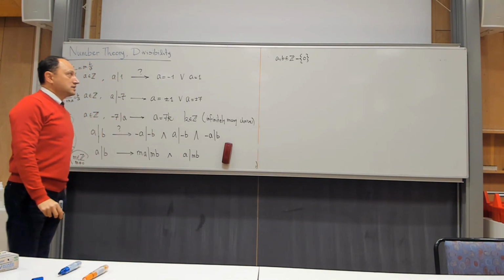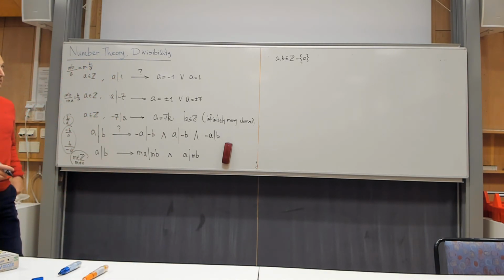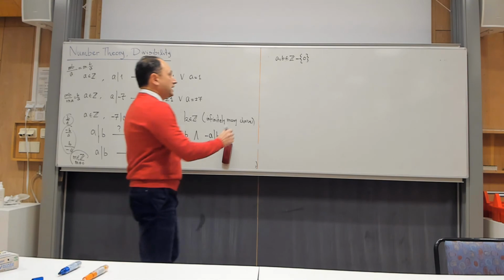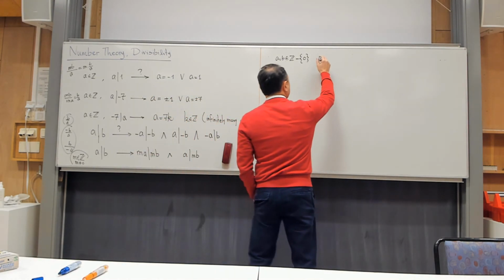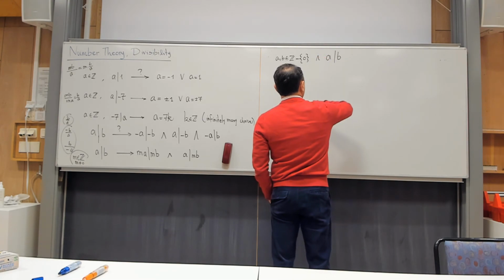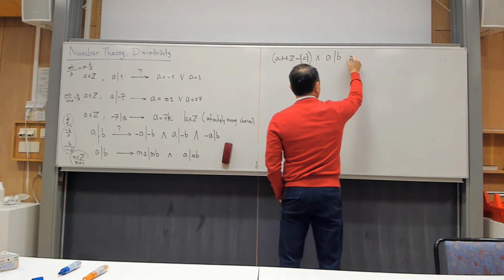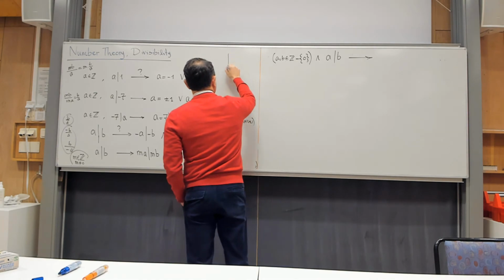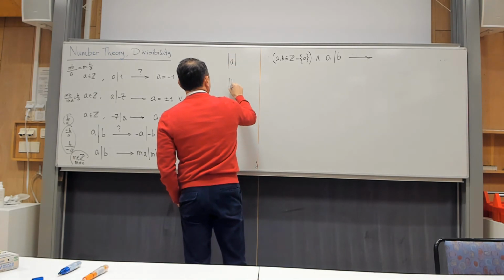So it means the set of all integers except 0. And I tell you that a divides b. Okay? What can I conclude about the absolute value of a and absolute value of b?